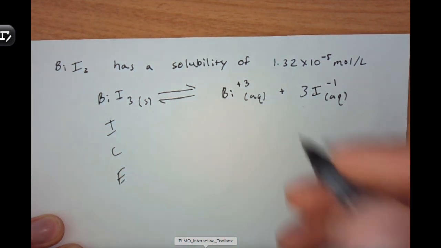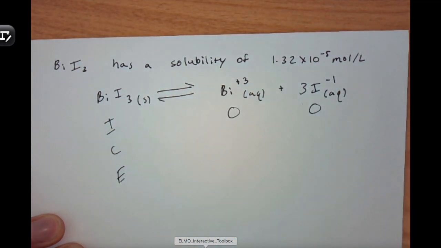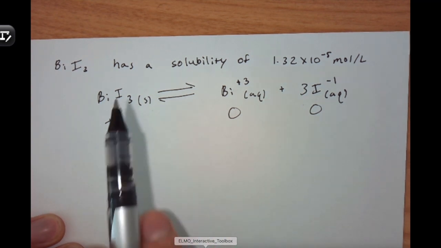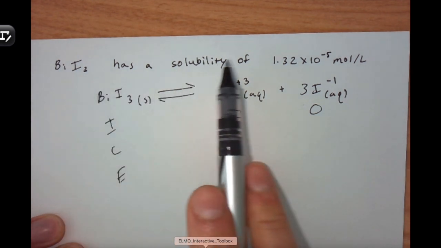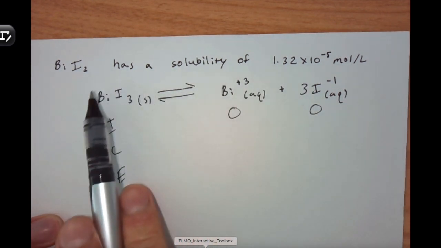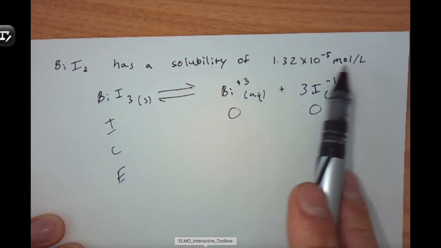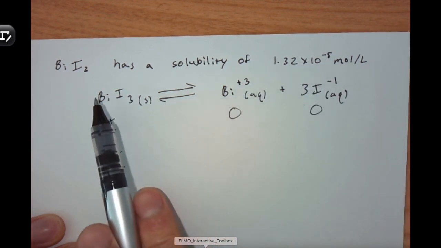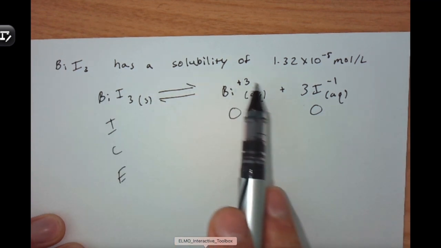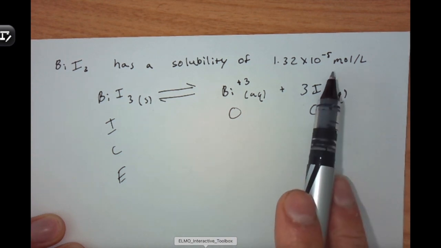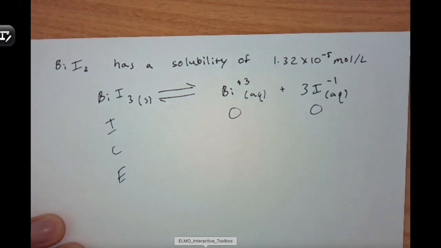initially there's none of this or this. We put the salt into the water, it starts breaking apart. The change is, well, I know BiI3 has a solubility of this. So this is breaking down at that rate, that many moles for every liter. So I know that for every one of these that gets broken down, I make one of these. So if I say plus x, this is the same thing as my x, because this is a 1-to-1 ratio.